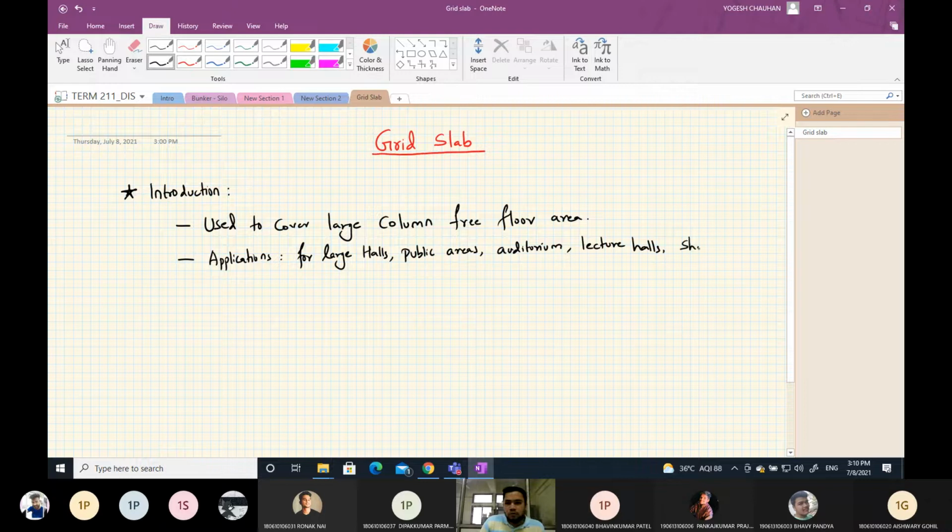Showrooms. Theaters. And sometimes at the entrance of a college building, you would find a grid floor.